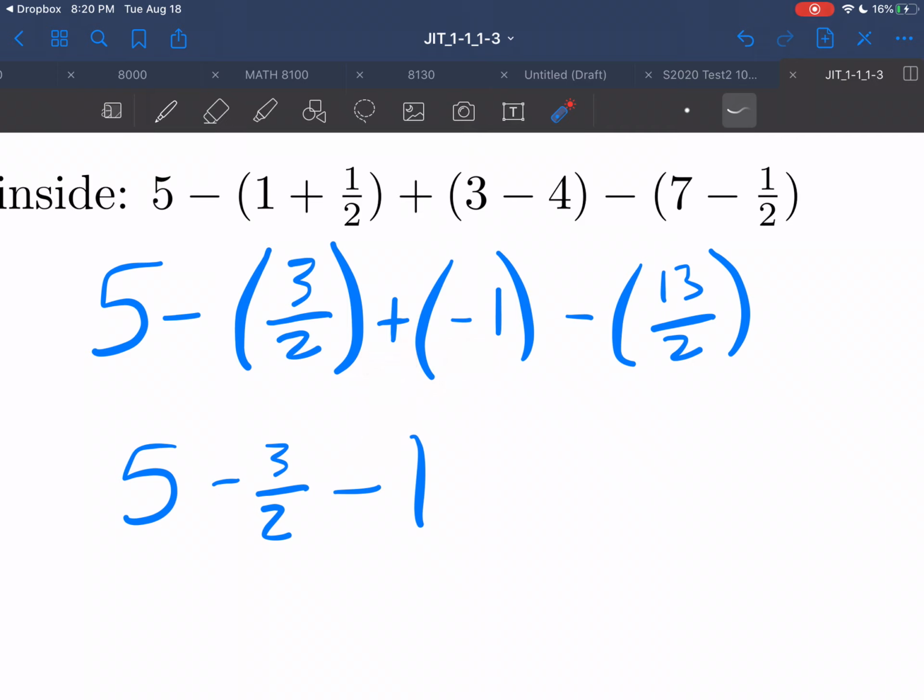It's the same thing when the negative's on the outside of the parentheses and we have a positive on the inside. It's just easier to miss it when the negative's on the inside. Then we've got minus 13/2. And if you simplify 5 minus 3 halves minus 1 minus 13 halves, it's going to be equal to negative 4.